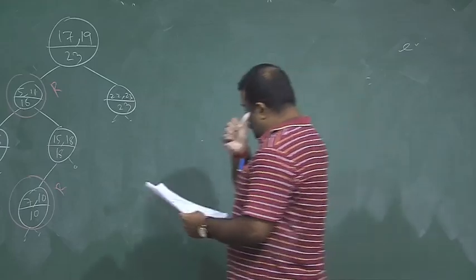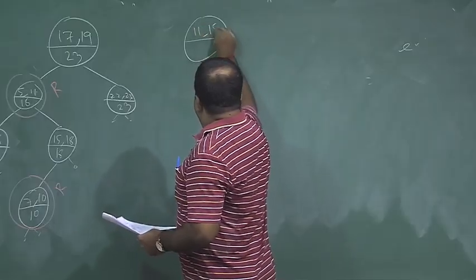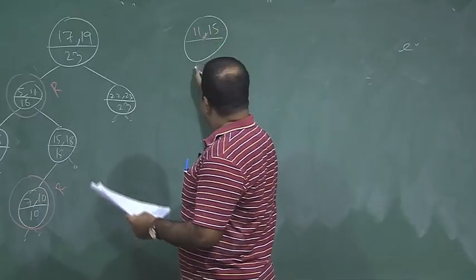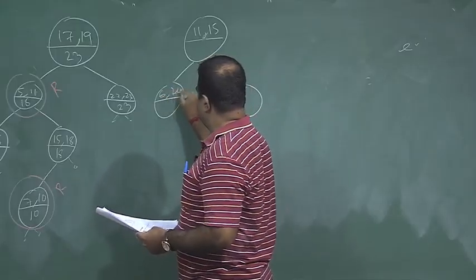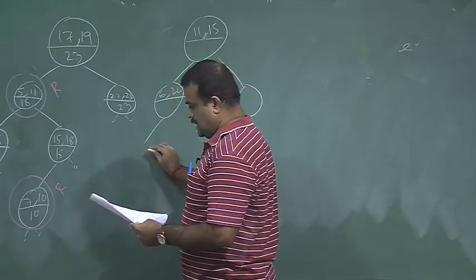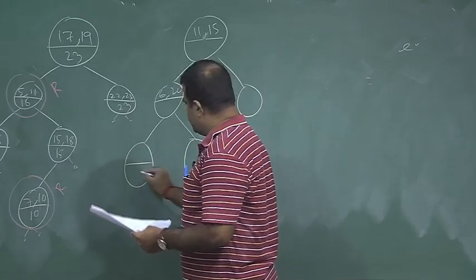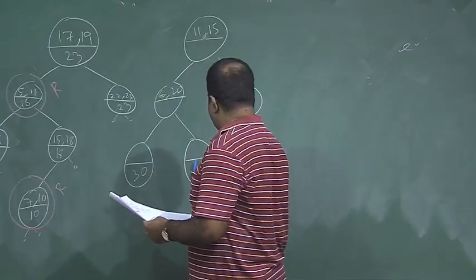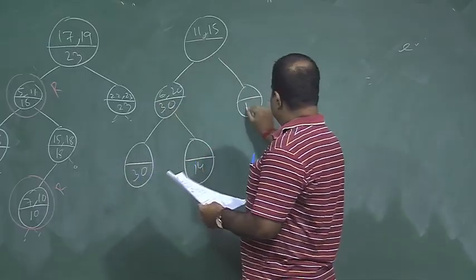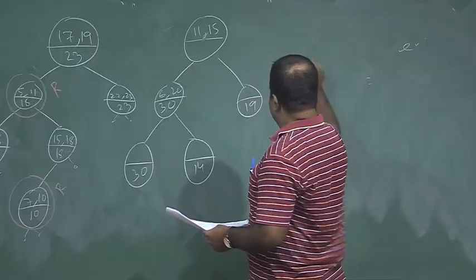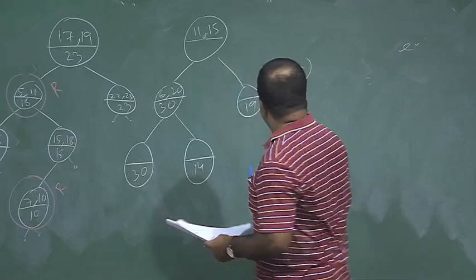So, if we look at that, suppose this is the interval 11 15, and this is say 6 comma 20, and say this is our alpha, this is our beta. Suppose we have a 30 over here, we have a 14 over here. So, this will be 30, and say this is 9, this is the gamma. Now, if we want to do a right rotate on this, this will come there, this will come down.